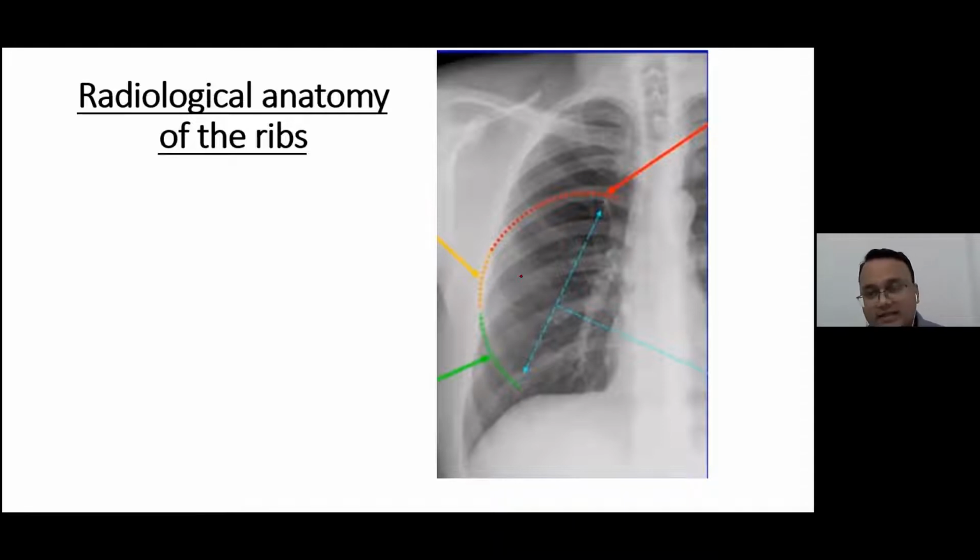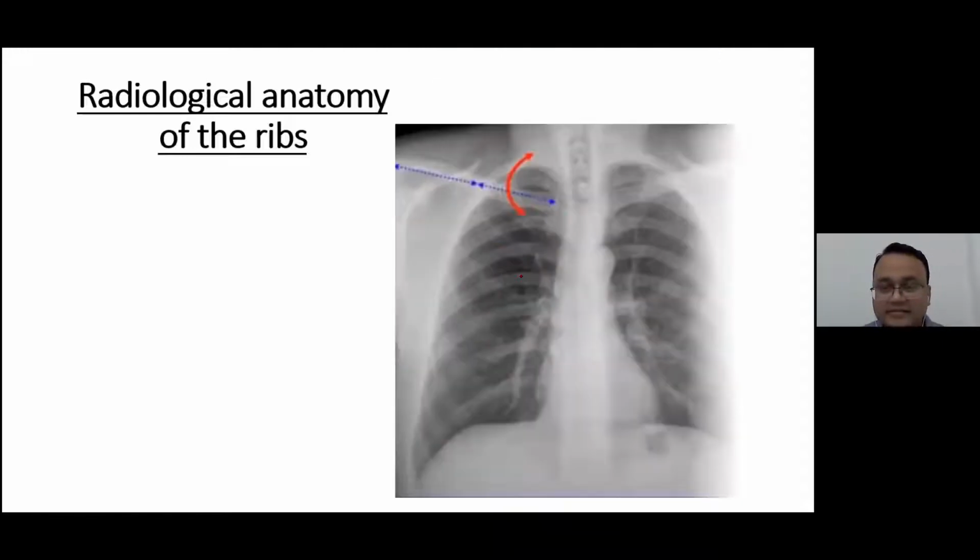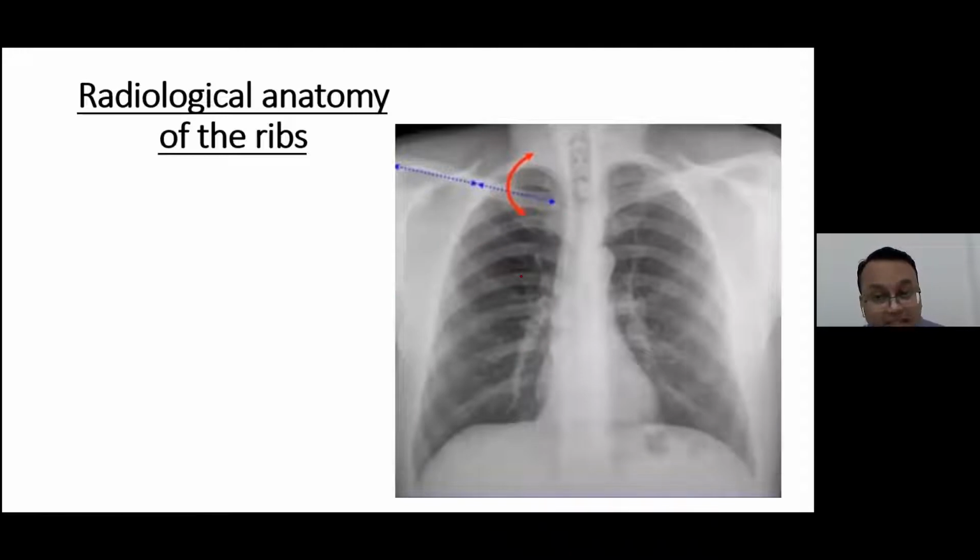In a chest X-ray, it's important to delineate and identify which ribs are at which level. The skill of reading the chest X-ray comes naturally once people study it, but just to give a few tips, start by identifying the first rib.